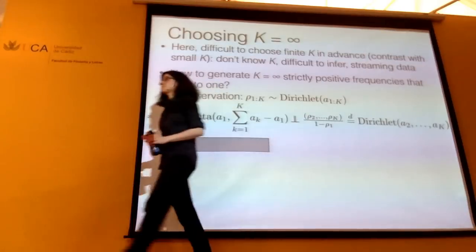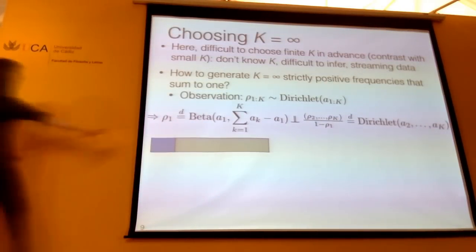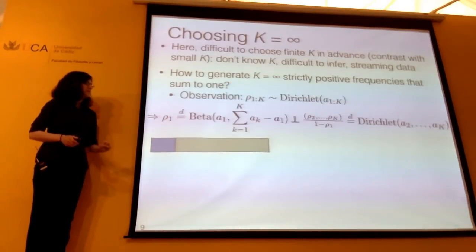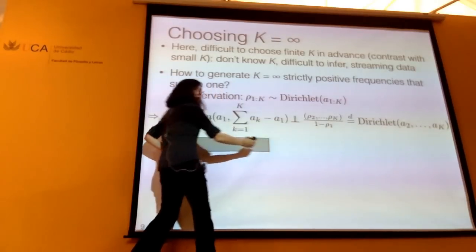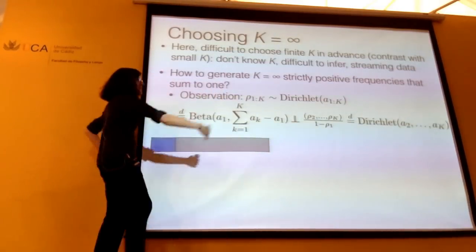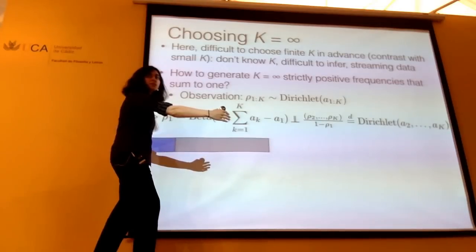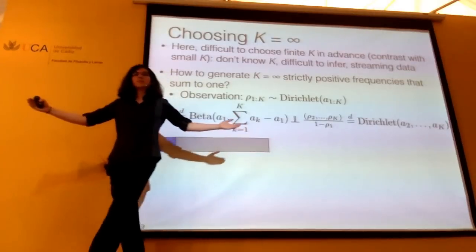So what's happening here? I'm saying, take rho 1, that's a random variable. Now, take the remaining frequencies or probabilities that are generated by the Dirichlet distribution and stretch them out so that they're on the unit interval. So that's what this dividing by 1 minus rho 1 is doing. It's stretching it out so that they're on the unit interval again.